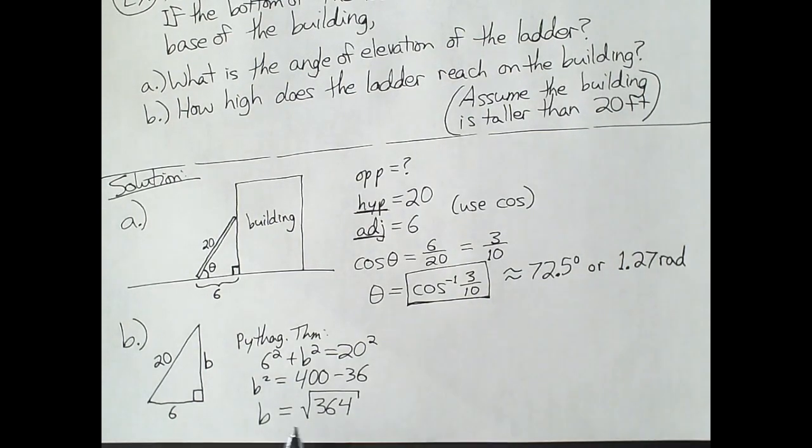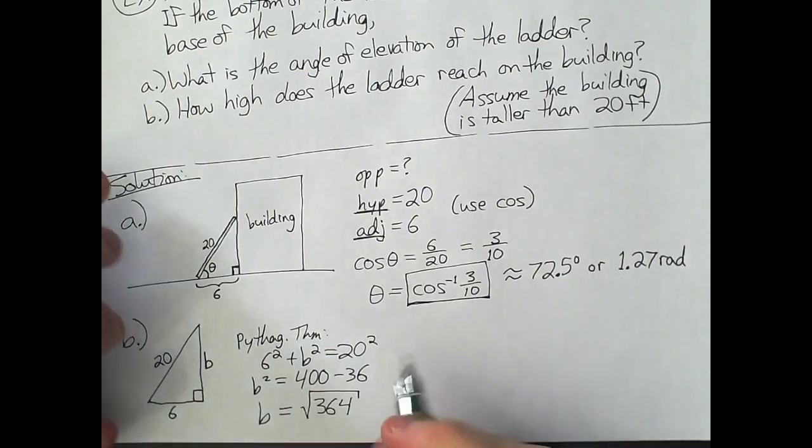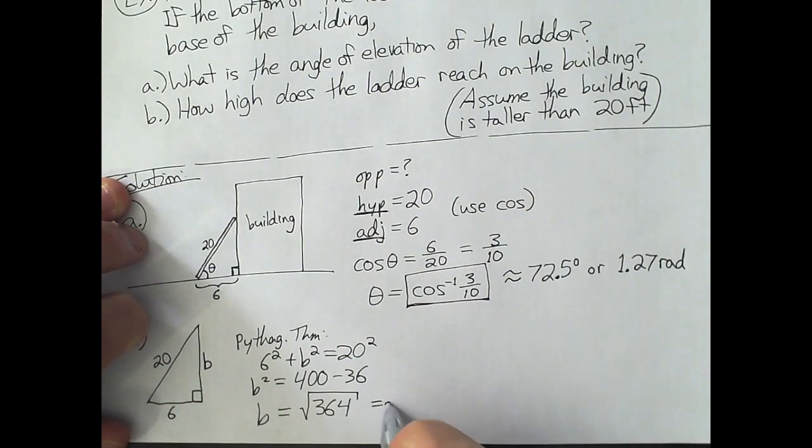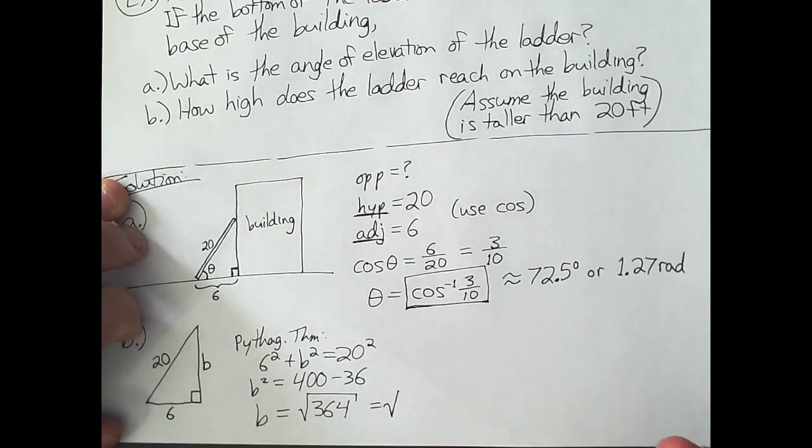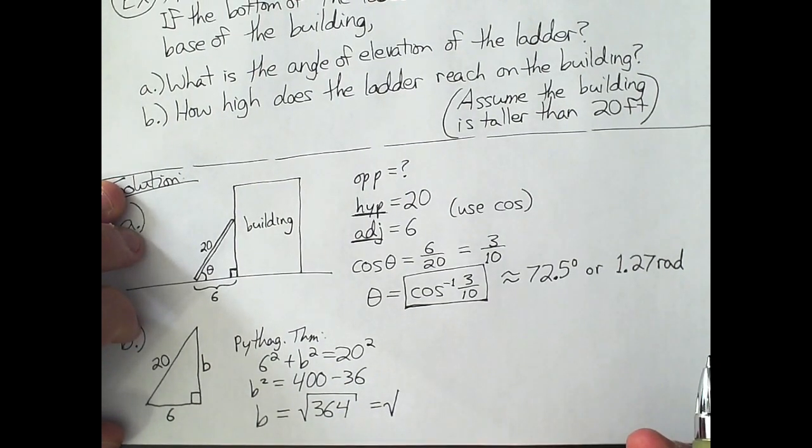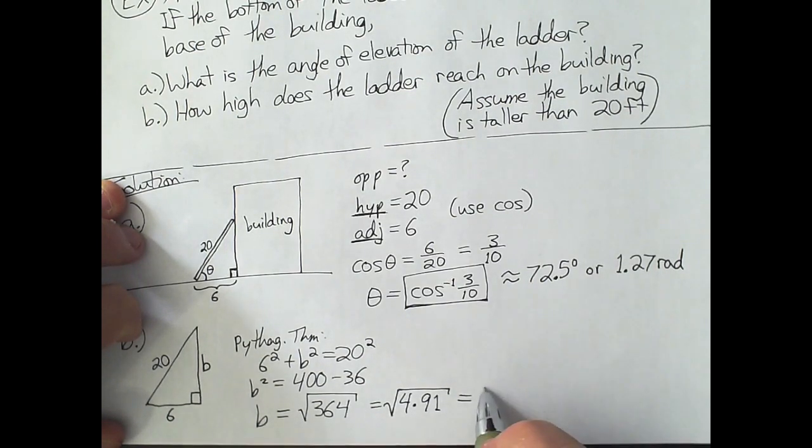In fact, I can tell that it's divisible by 4. Like I did earlier with the square root of 12, and I rewrote it as 2 times the square root of 3. That's what I'm trying to do here. This is 4 times something. What is it? 4 times 91. So I think it would be nice for us to write this as 2 square root of 91.